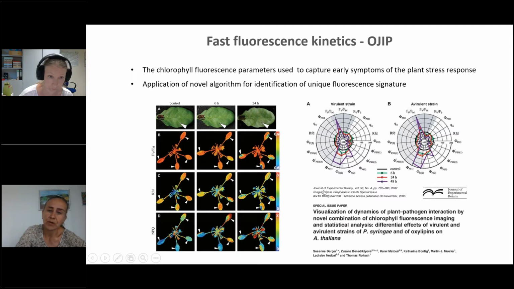By using the OJIP curve and applying novel algorithms for the identification of unique fluorescent signatures, the authors were able, based on the parameters extracted from the OJIP curve, to discriminate between specific signatures for virulent and avirulent strains, which has quite an interesting application.